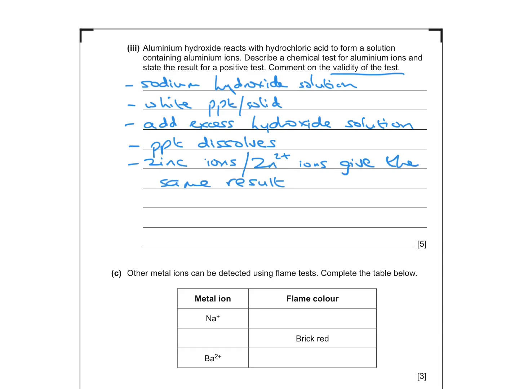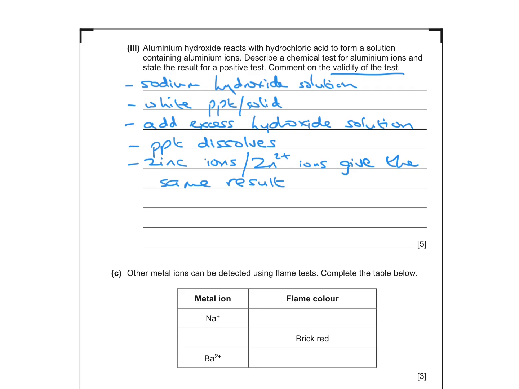Now you might think, well, could we use ammonia solution? Well, you could give the answer based on ammonia. So the first one would be add ammonia solution. You'll also get a white precipitate. You then add the ammonia solution in excess, but this time the precipitate does not dissolve.